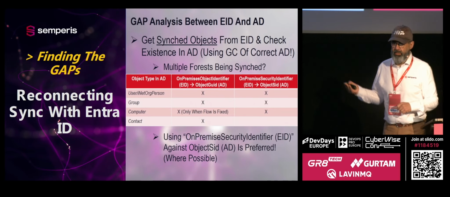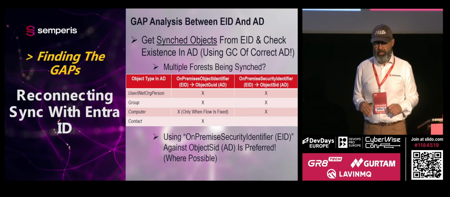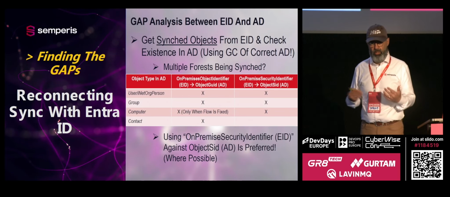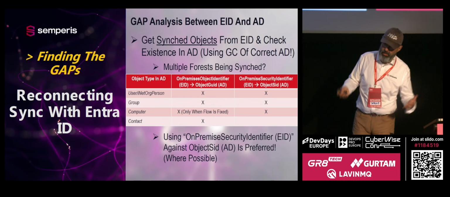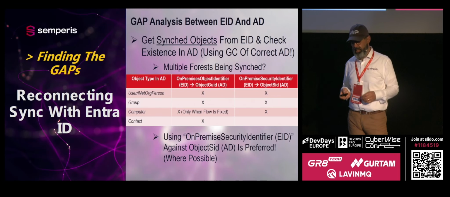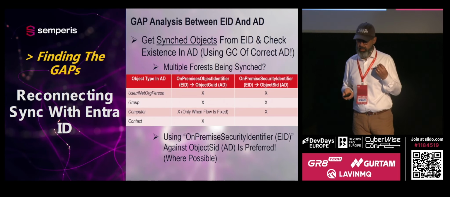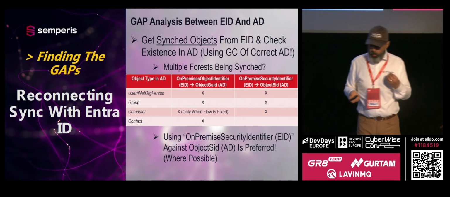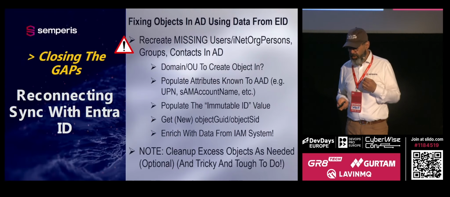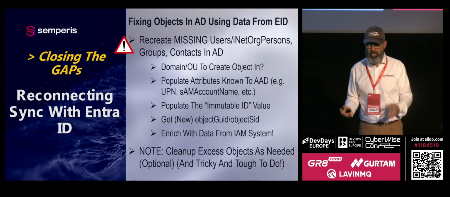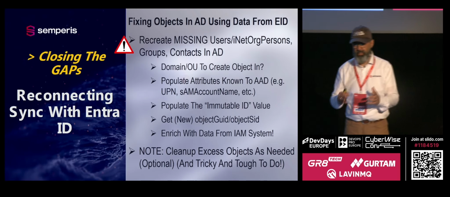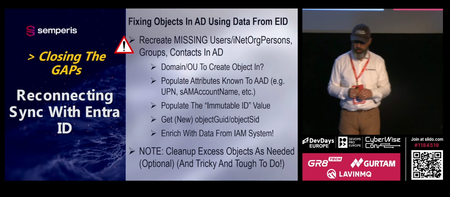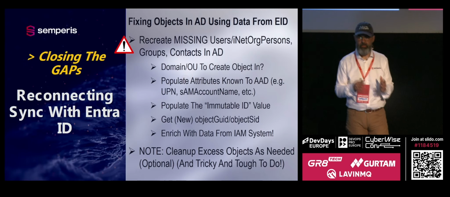So by using that information, you will be able to query Active Directory: hey, do these objects exist or not? And the ones that do not exist, you recreate with the information that you have. One thing to keep in mind when you recreate the objects is that it's not about completely recovering the object. That is not the intention, because you will not be able to completely recover the object.